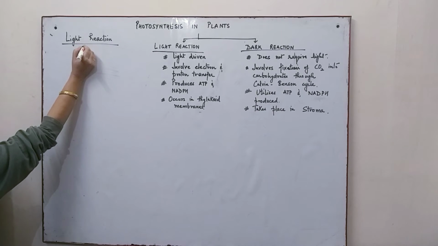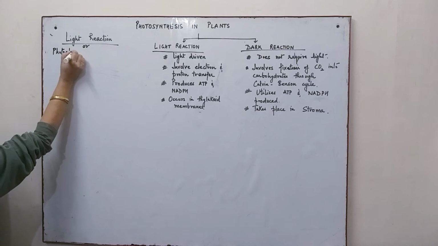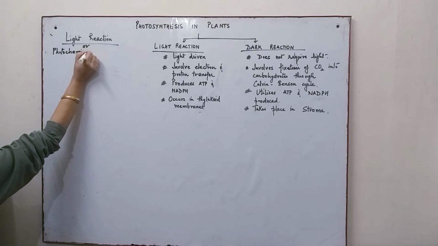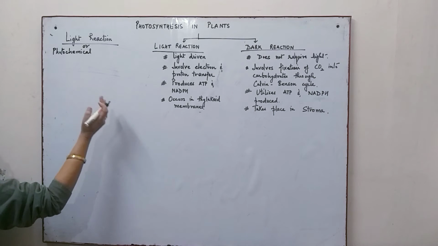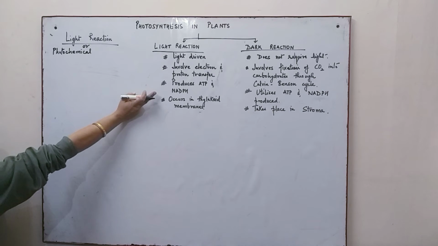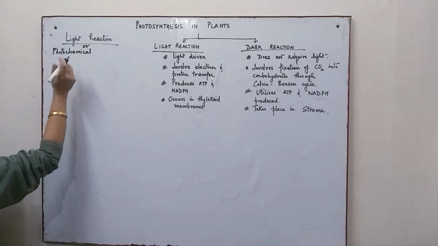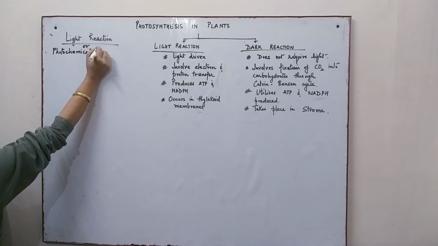Why? Because photo refers to photons, and chemical is the series of chemical changes which are taking place for the production of NADPH and ATP. So, photochemical phase.